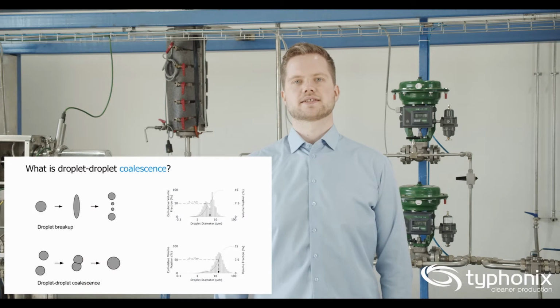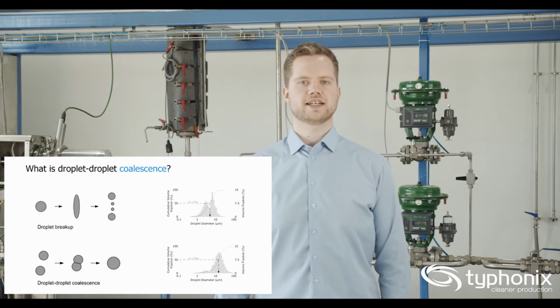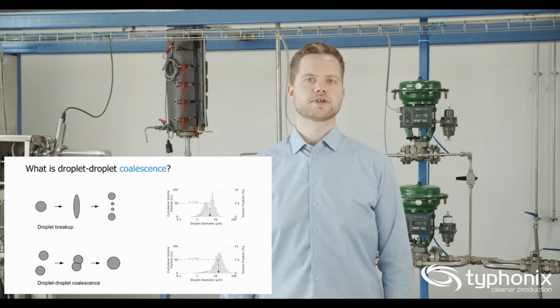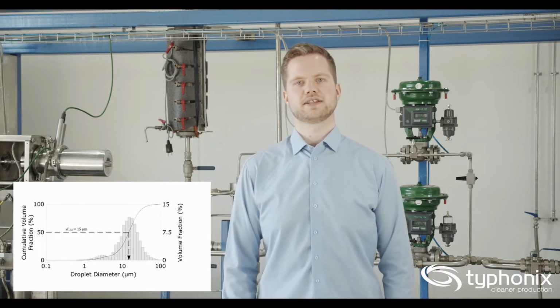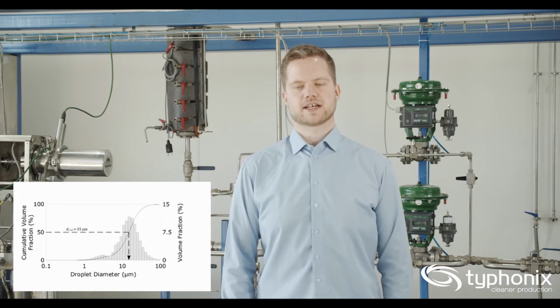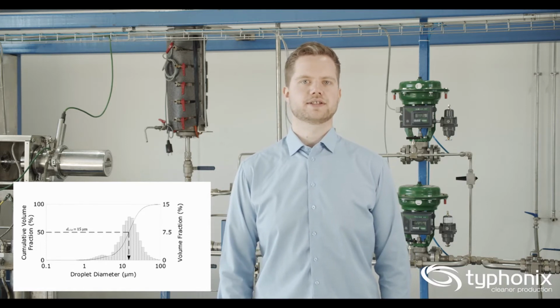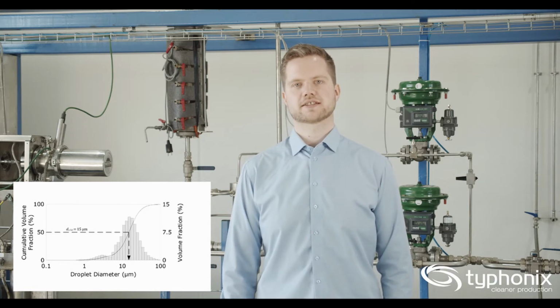Droplet coalescence is the phenomenon of droplets colliding and forming a bigger drop. And in this droplet size distribution curve, you see that the DV50 is increased to 15. And if you look at the sizes and volume frequency, there are many more of the larger droplets and fewer of the smaller droplets.